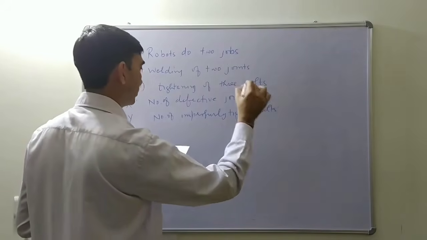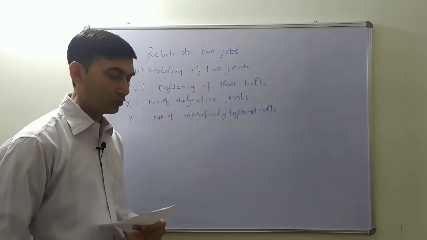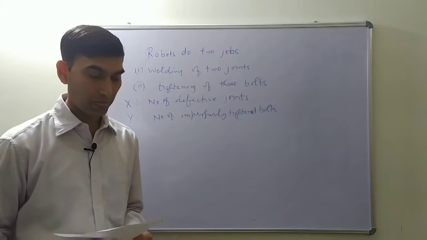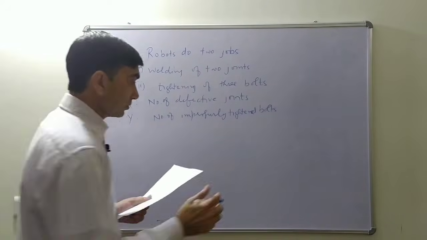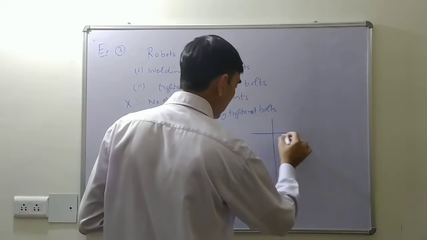Suppose these are 2 random variables, denoting number of defective joints and number of improperly tightened bolts. After that, the joint PMF of X and Y is given to you.